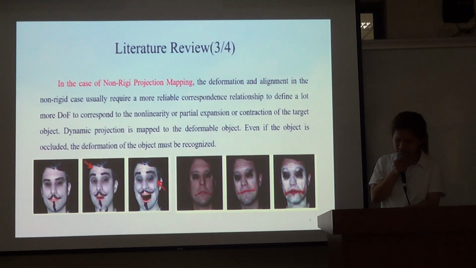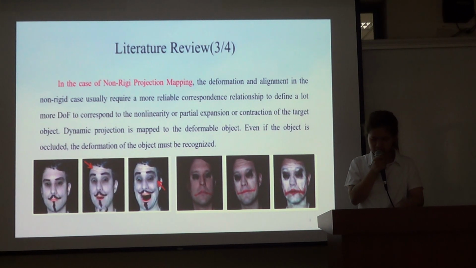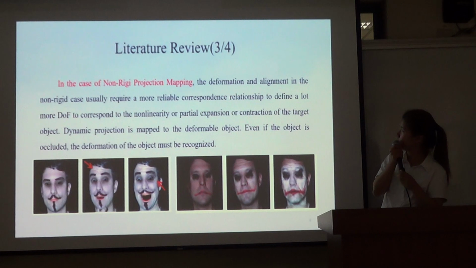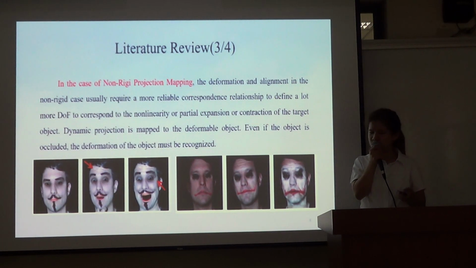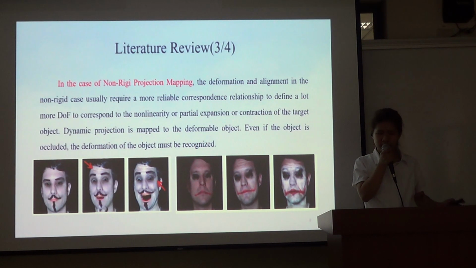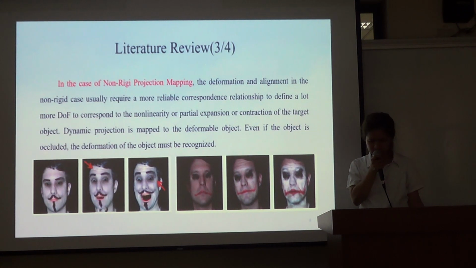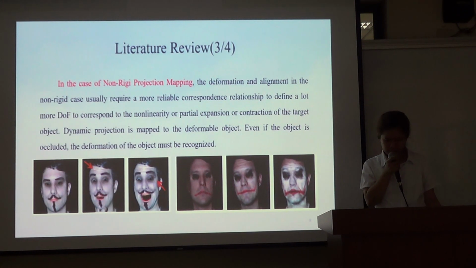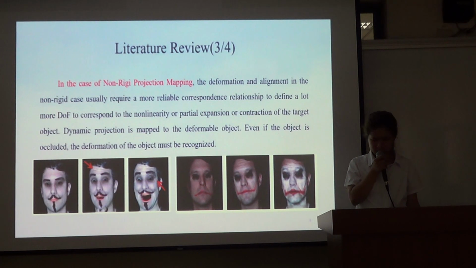In the case of non-rigid projection mapping, the deformation and alignment usually require a more reliable corresponding relationship to define more DOF to correspond to the non-linear rate, or partial expansion or contraction of the targets.